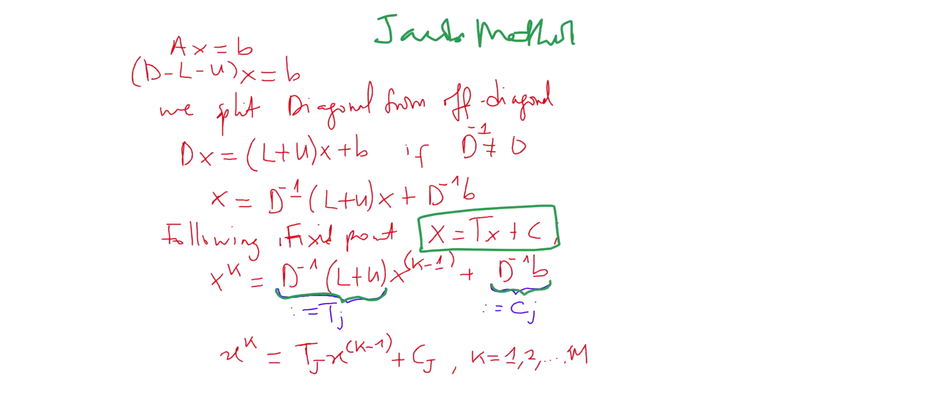So now your k goes from 1 up to, let's say, N. And this is exactly how the Jacobi method works.